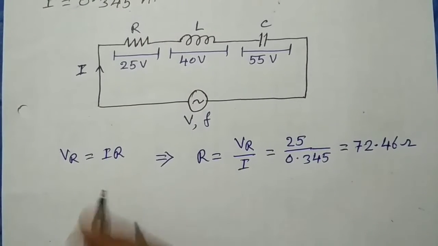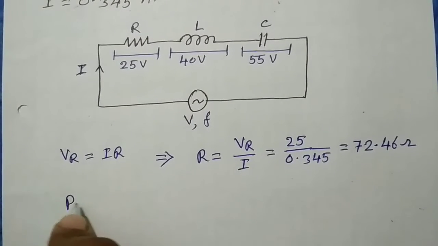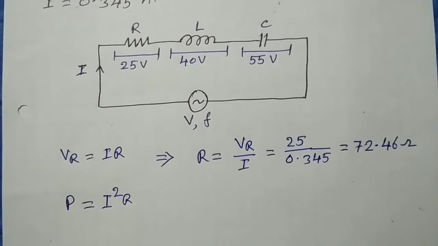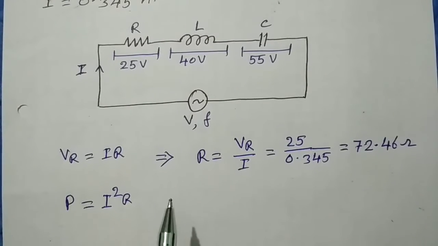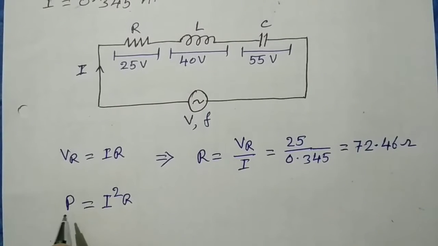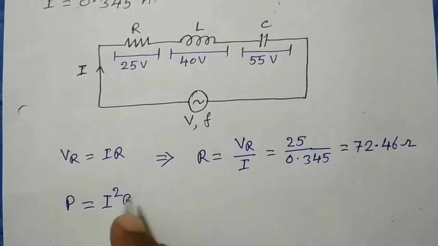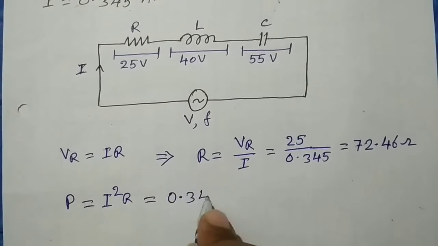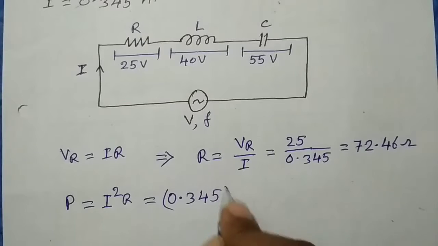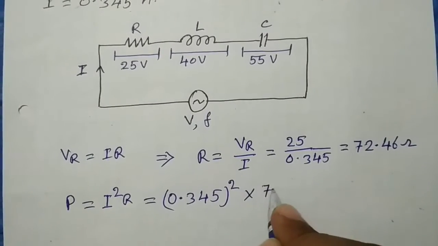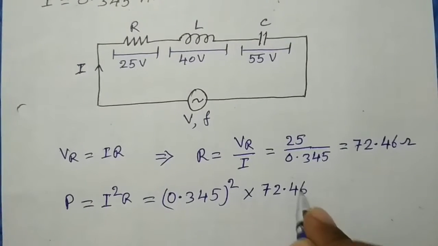Now the power loss in the circuit. As we know that the power loss means the active power, and it can be written as I square R. We can also use VI cos phi, but here the voltage is unknown and the cos phi is also unknown. So we can write P is equal to I square R. The current is 0.345, so square of the current, into the resistance, that is 72.46.